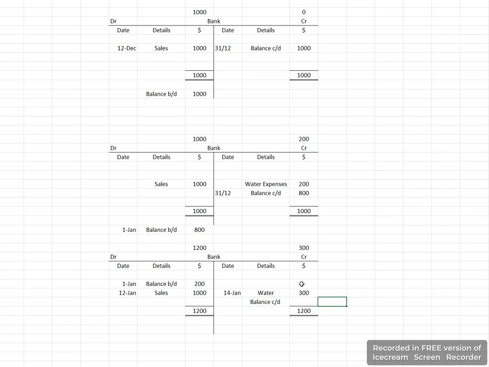Do you see over here? Only 300 is here. We need to add 900 to make it 1,200. And remember, balance CD is always above the dashes. If balance CD is on this side, balance BD will be on the opposite side under the double dash. So balance BD over here will be 900.